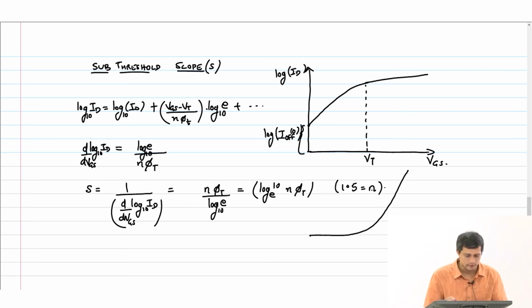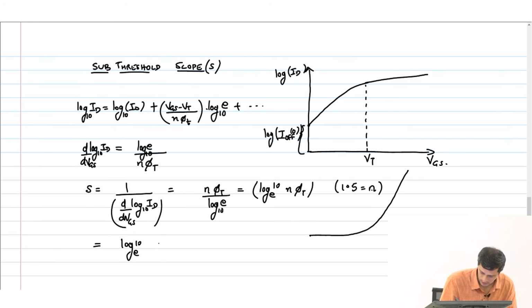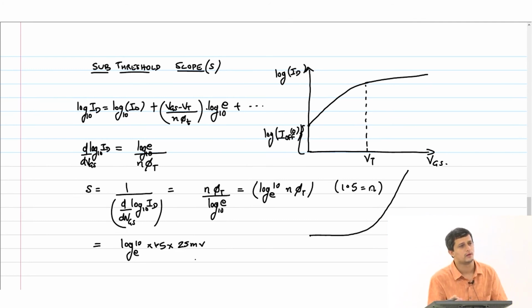Now we will see what the unit of this particular quantity, the subthreshold slope, is. n phi t is what dimension? Volts, or I can say millivolts. So this is log to base 10 of e into 1.5 into phi t, which at room temperature is about 25 millivolt. Now, since I am doing a log, I am going to write this as per decade.